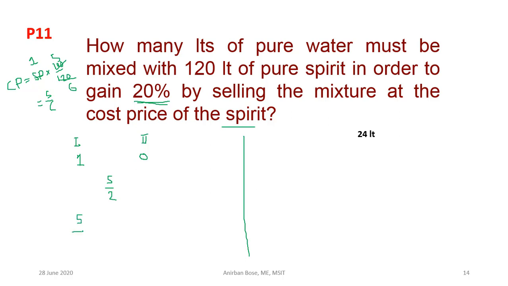Here it is 5 by 6 minus 0, this is 5 by 6, and this is 1 by 6.